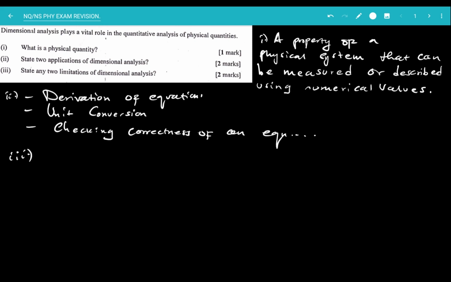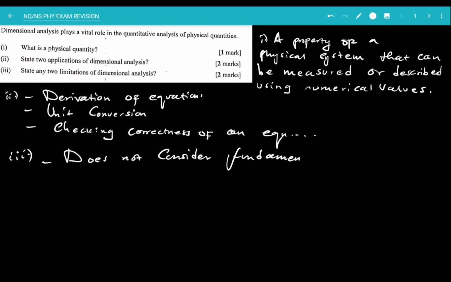The last one is asking us to say state any 2 limitations of dimensional analysis. So what are these limitations of dimensional analysis? So the first limitation we can look at is that it does not consider fundamental constants. Now I want you to understand something.